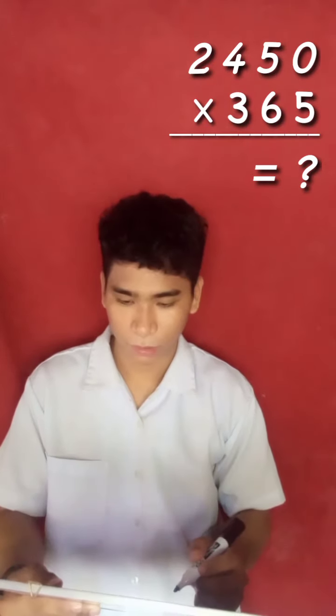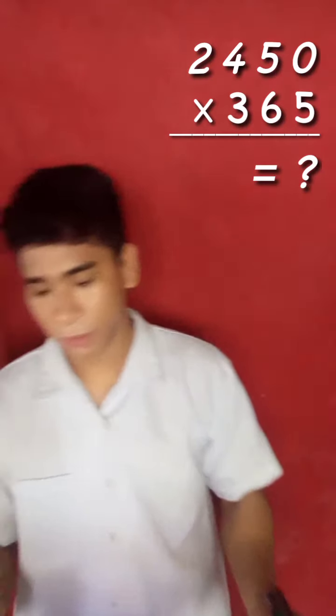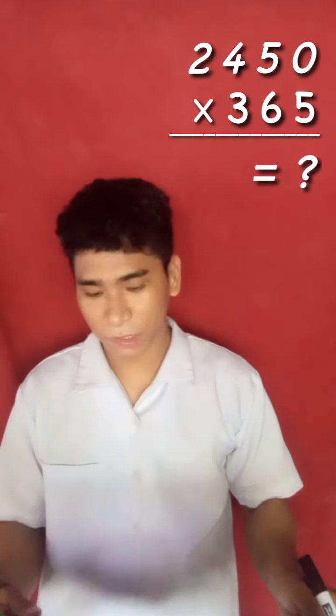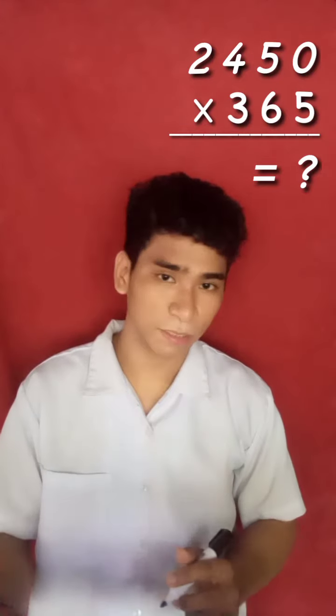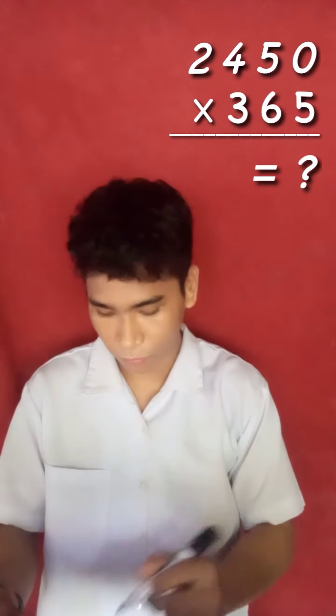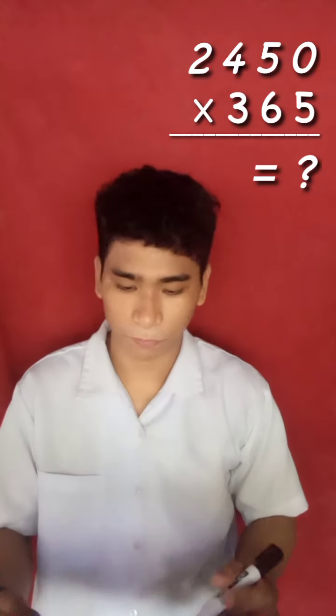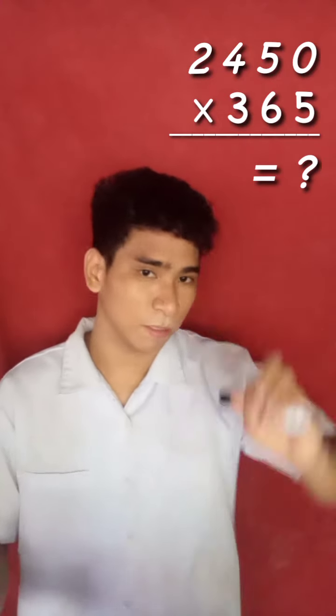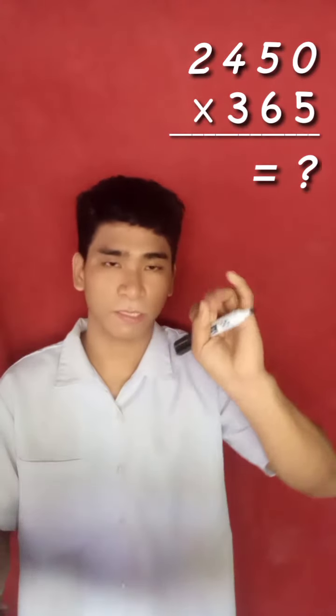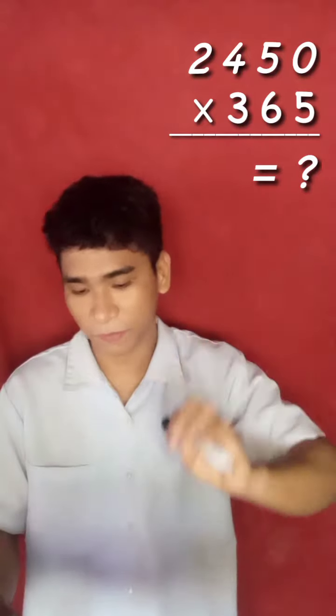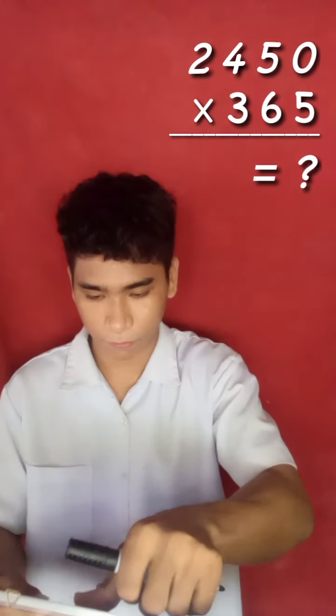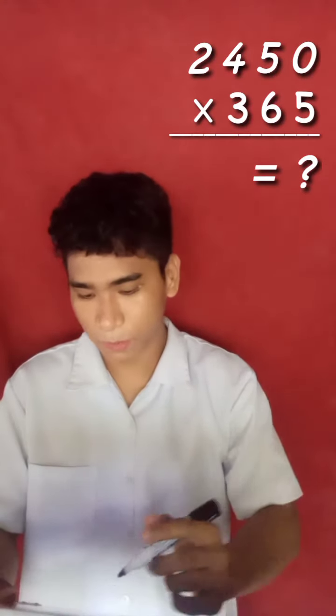Okay. Let's move to this 3. 0 times 3 is automatically 0. So bring down 0 at the bottom of the 0. 3 times 5, with a 5, 10, 15. So the answer is 15. Now bring down 5.